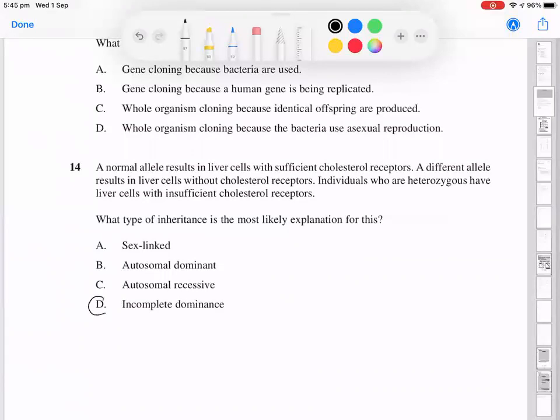And the reason for that is because we're looking at the levels of cholesterol. We're not looking at different types of cholesterol receptors. So these would come in here if there was one type that was a good one and another that was defective. However, that's not the case. And the fact they haven't told us the gender of the individual tells us it's also not going to be sex-linked.